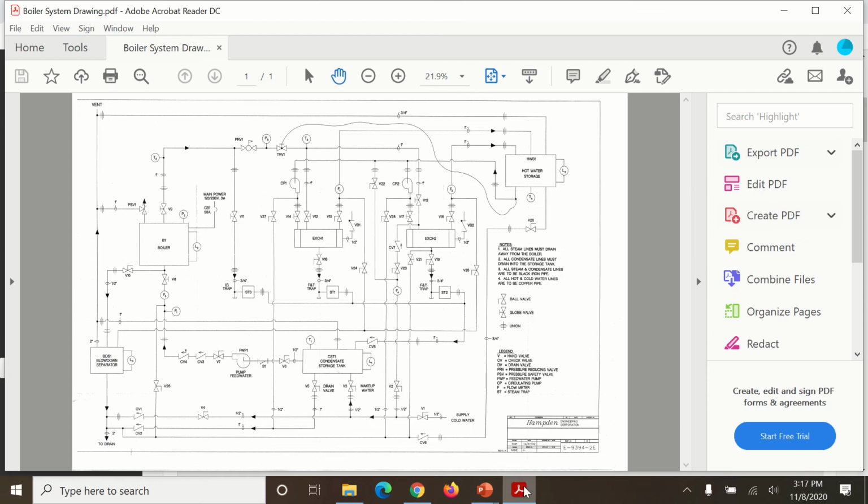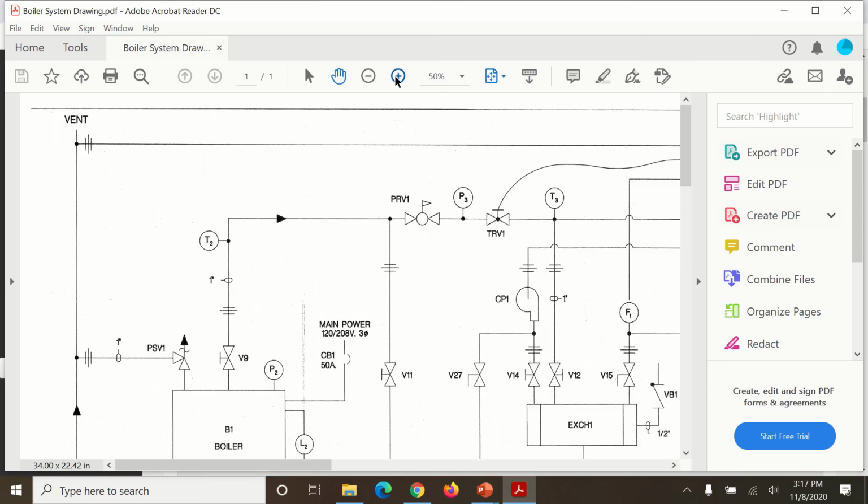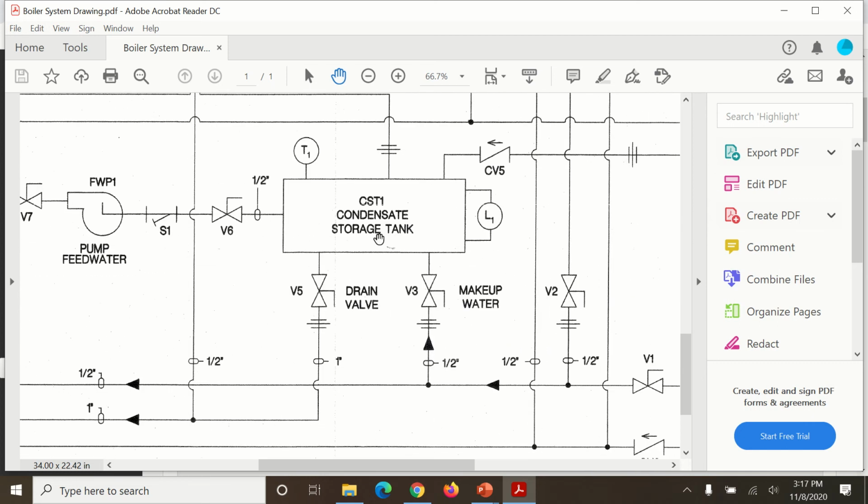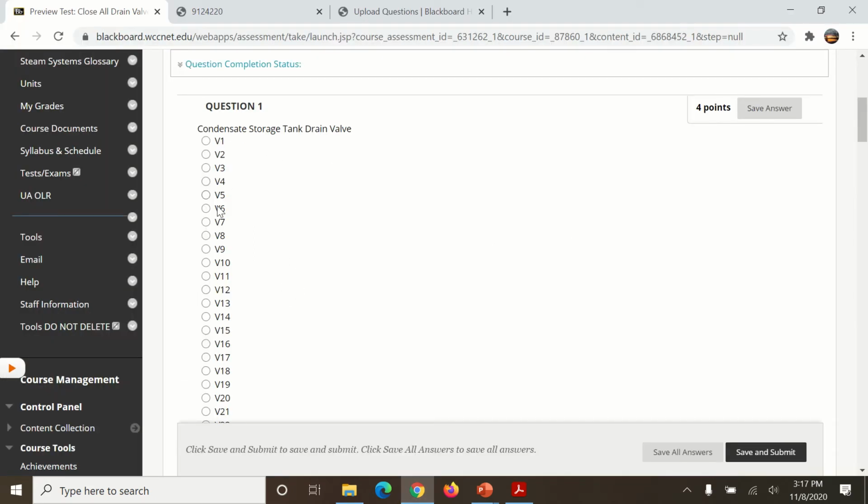So if you were to come back to your big drawing here, and you zoom in and you find the condensate storage tank, and sure enough, there is the condensate storage tank drain valve. It is V5.